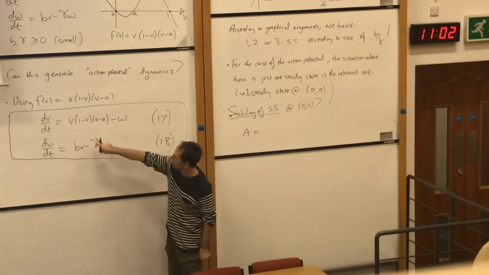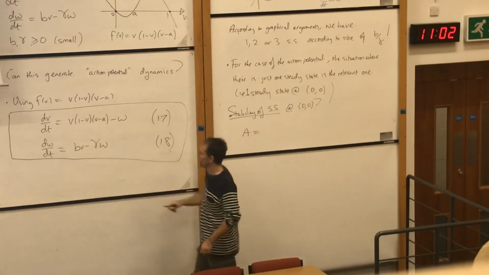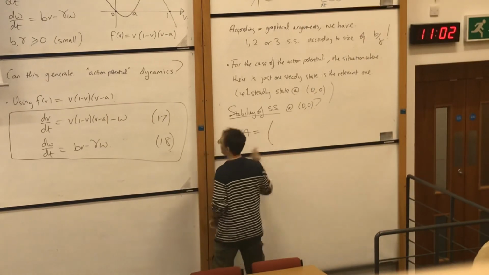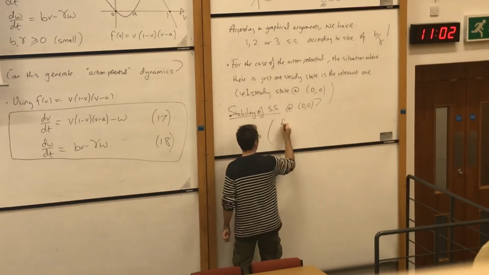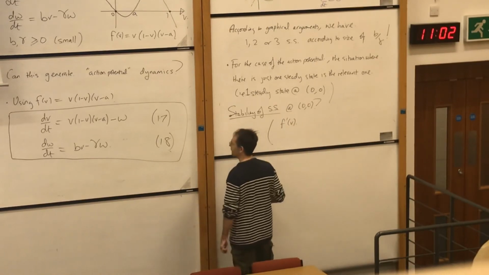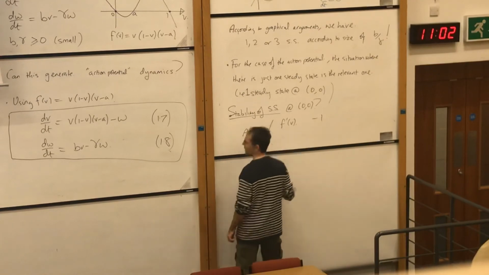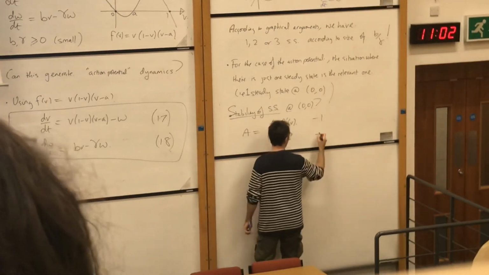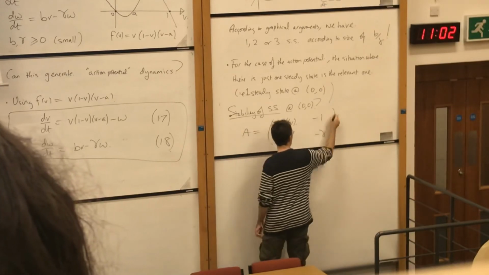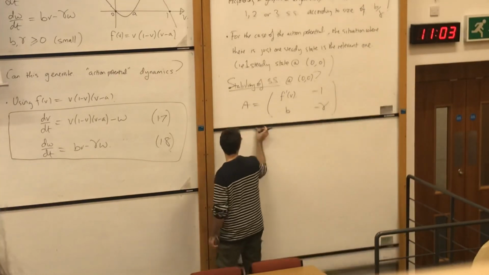Well, according to this function f up here, from the left-hand terms we can have f dash of v up in the top left. We'll have a minus 1 up here. We're going to have a beta down here. We're going to have a minus gamma down here for my stability matrix.